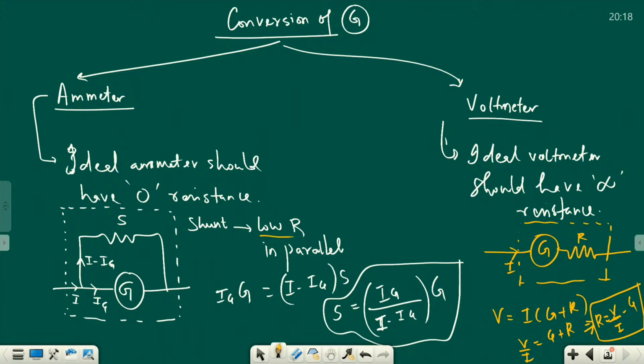Simple question, everything is given. If you solve properly, you will get the answer. Have you got 0.2, people who are online? Yes, sir. Then it's fine.